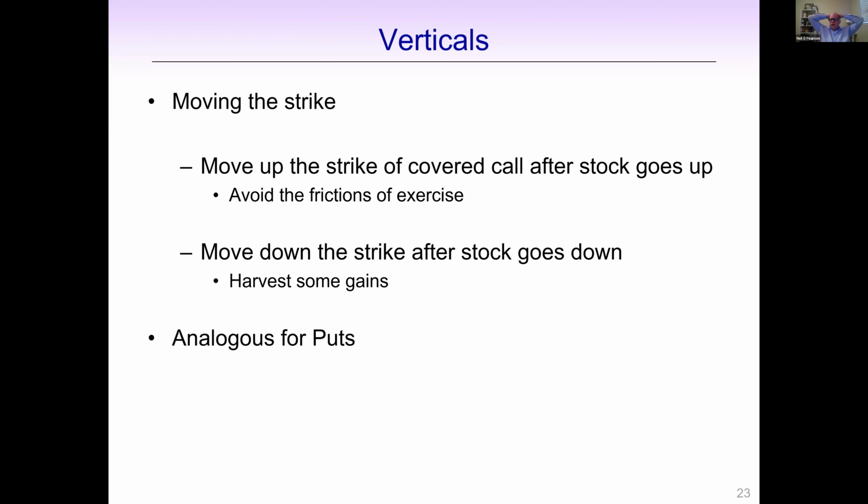A vertical spread can be used to close out a position in one strike and open a position in a different strike. And you might want to do this if one of the strikes is in the money. You might want to close out a position on an option that became in the money because you don't want to exercise it, or you don't want to have it exercised against you, and open a new position.